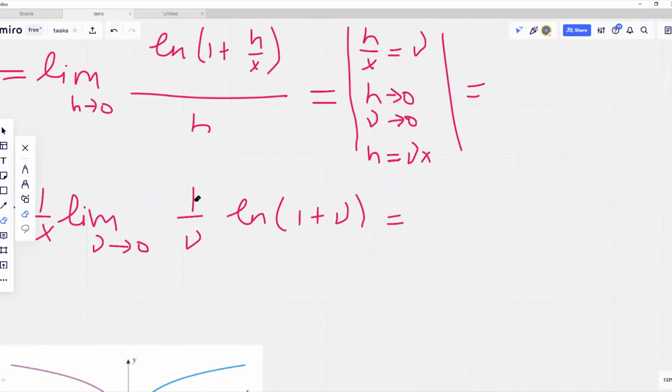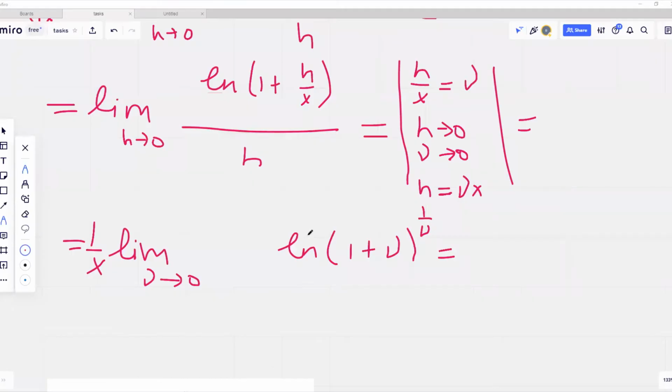where we can write this down as ln of 1 plus nu to the power of 1 over nu, using properties of logarithmic functions. Now we know that ln of x is a continuous function, meaning that we can bring the limit inside of ln.